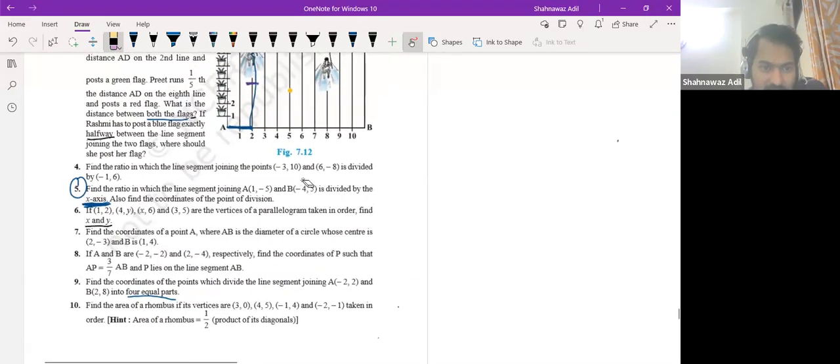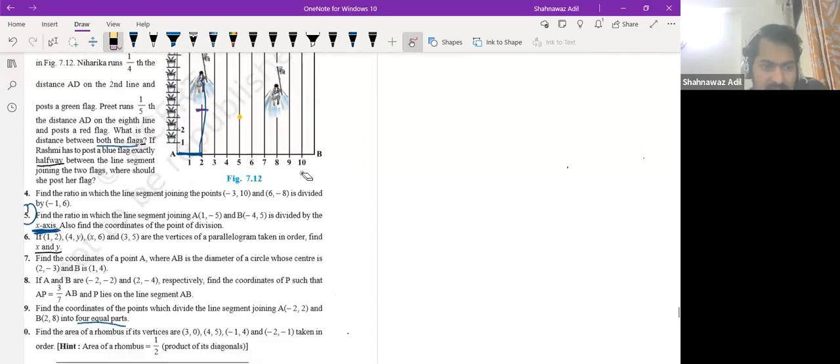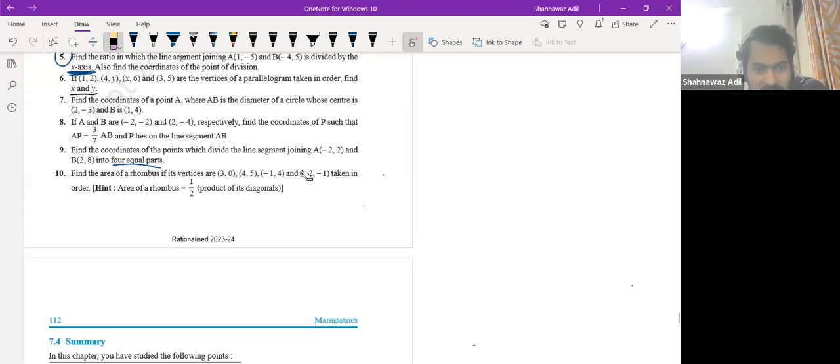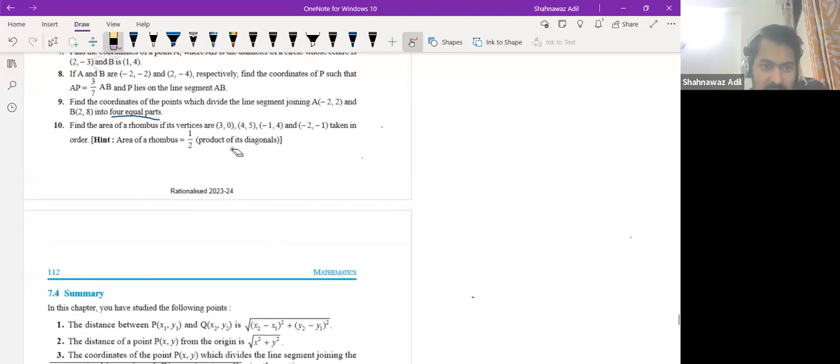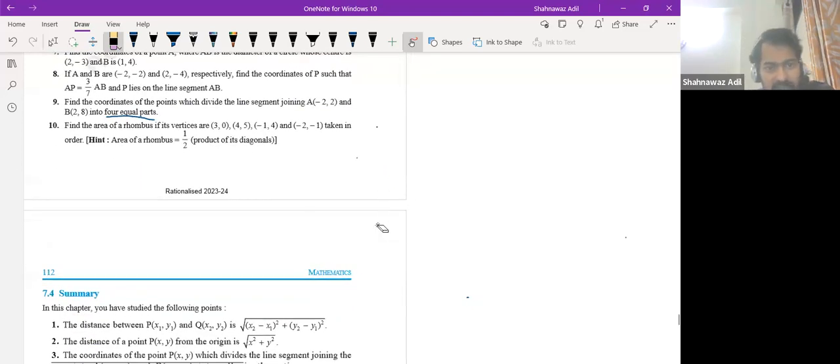Yeah. So the last one: find the area of a rhombus if its vertices are taken in order. And the hint is also given, right. The area of a rhombus is half the product of its diagonals. So what do you need to calculate? You have to calculate the diagonals, right?